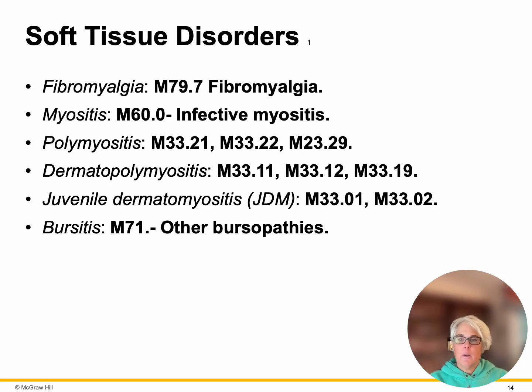Fibromyalgia, which codes to M79.7, is a chronic pain syndrome characterized by widespread musculoskeletal pain and fatigue, but there's no structural joint damage. Myositis refers to muscle inflammation, and some types are infectious, which will be coded under M60.0, and others are autoimmune. Polymyositis and dermatomyositis involve multiple muscles, and in dermatomyositis, the skin is also impacted.